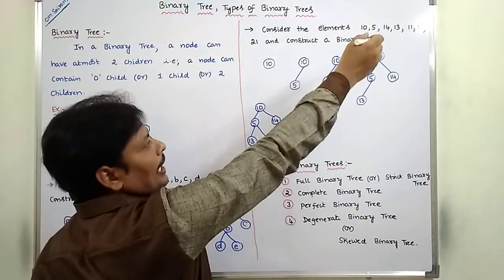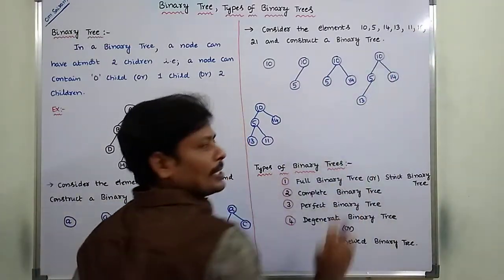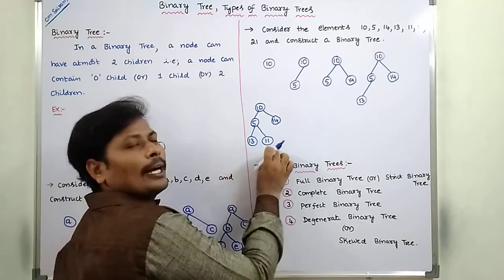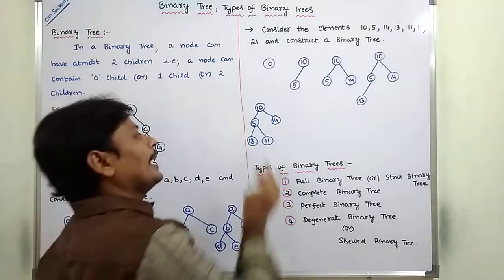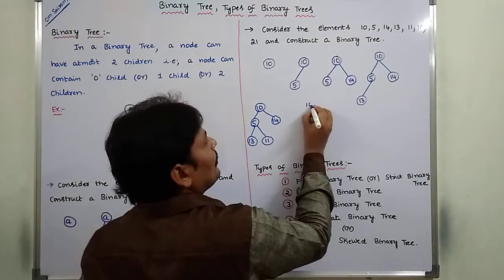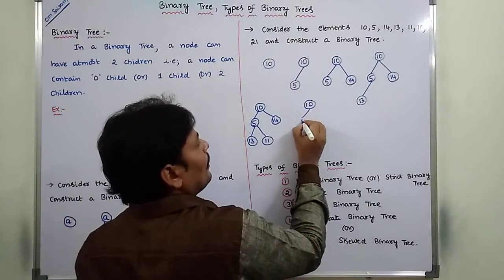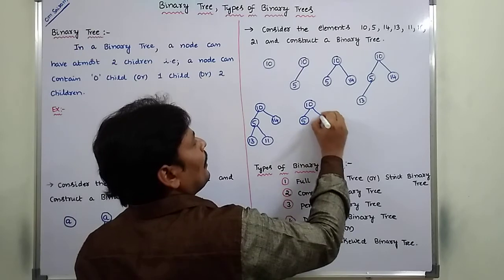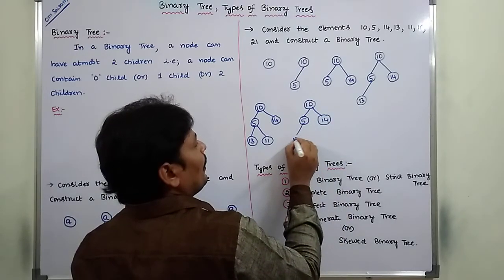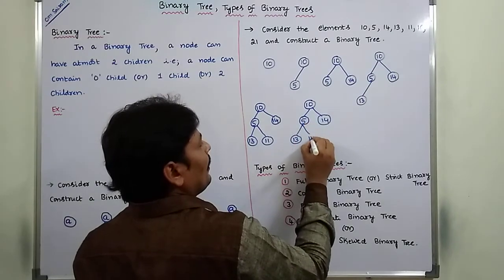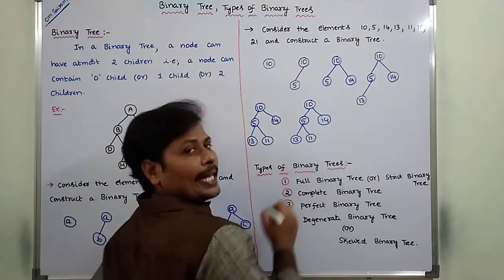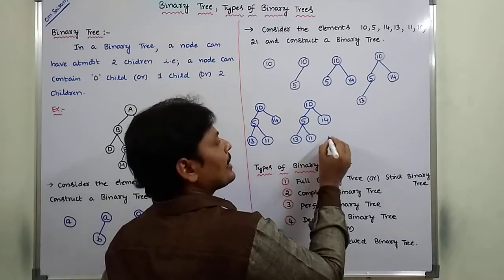Next element we want to insert is 16. So for node 5, the left child and right child are completed. Next priority is given to node 14. So for node 16, the left subtree of 14 is empty.